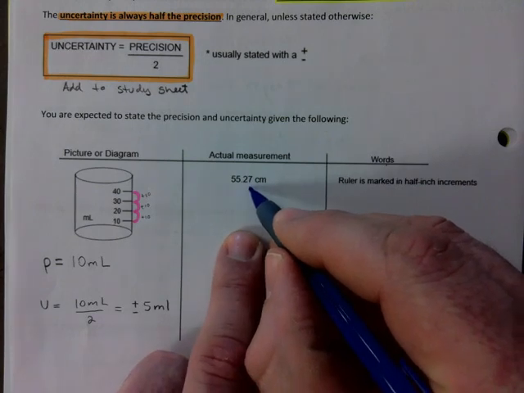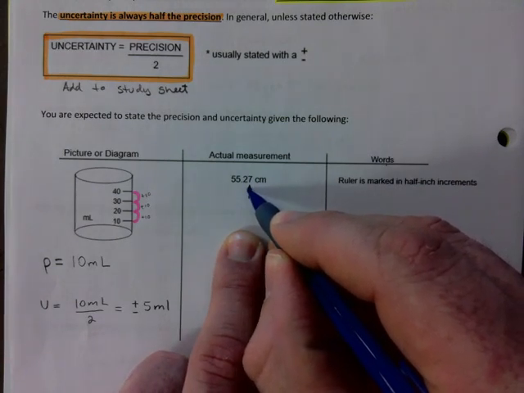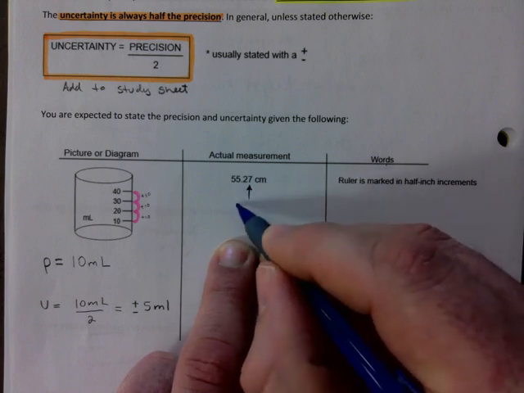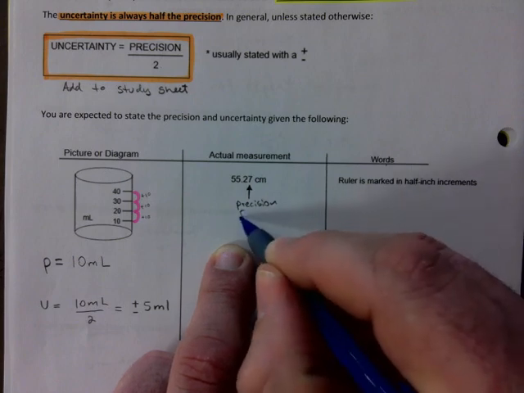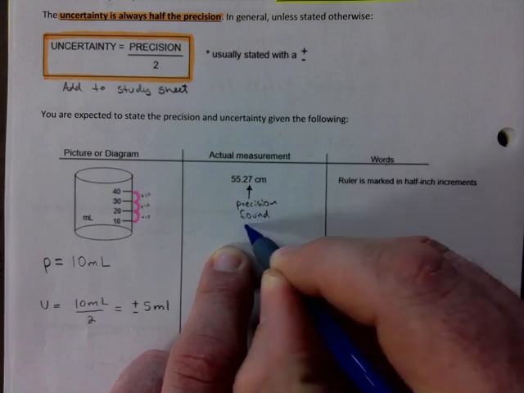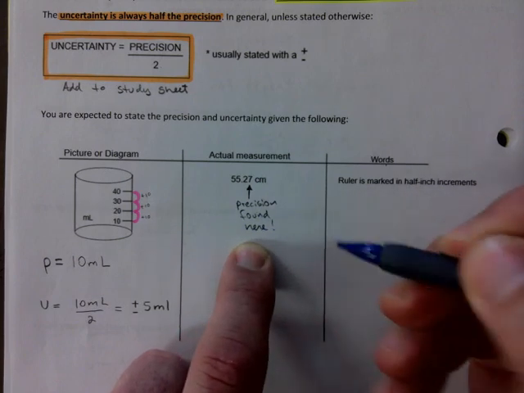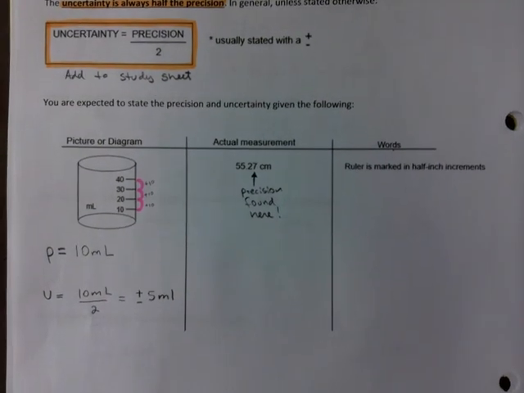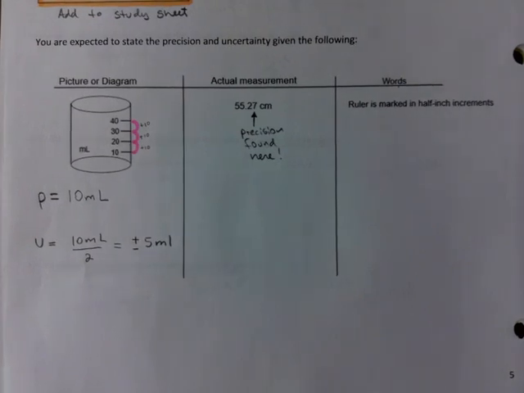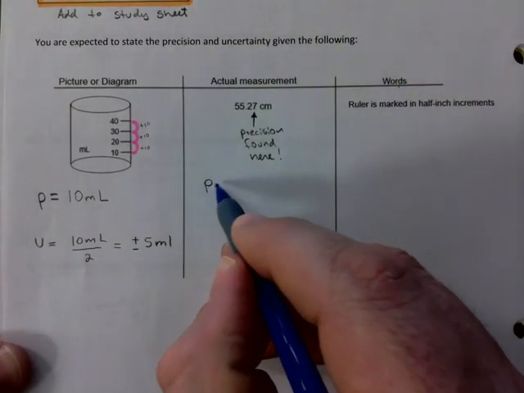You're going to zoom into this one right here, the last number that you have right there. Precision found here. Okay, this is what I need you to understand. The precision is this.